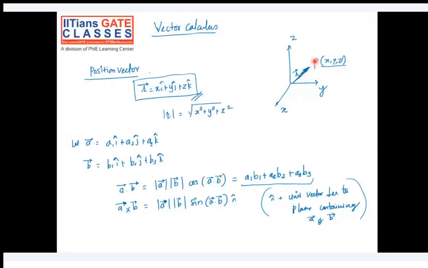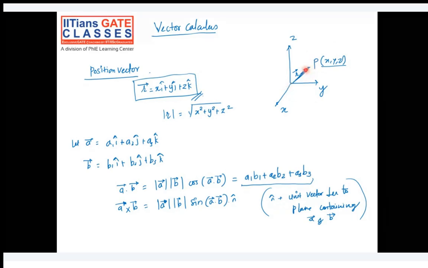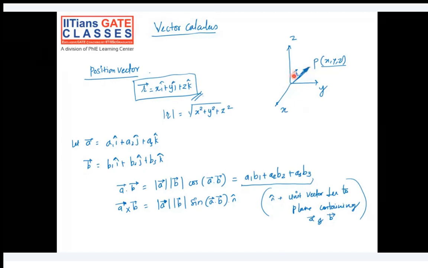The position vector of P is basically a line joining the origin of the coordinate system to the point P. This r bar is the position vector, and it is represented by xi plus yj plus zk, where x, y, z are the coordinates of point P, and mod of r is the magnitude of this vector.